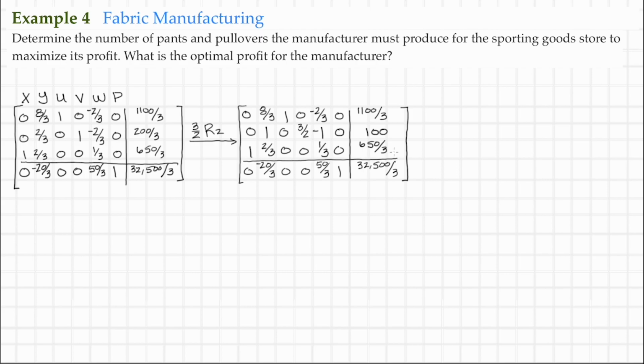So now we can go ahead and target either one of these values here. We'll take the 8/3 up here. So then we'll take row 1 and we'll minus 8/3 of row 2.